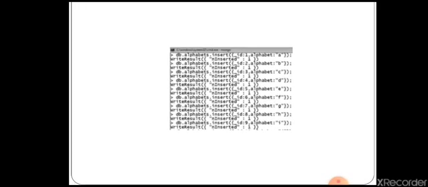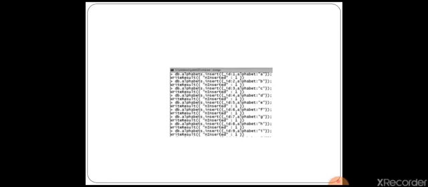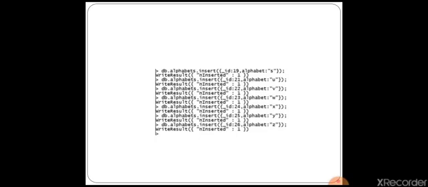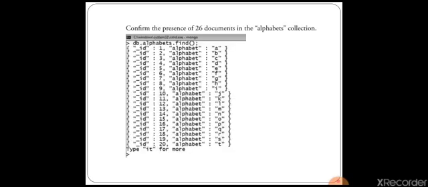This is the screenshot for the db.alphabet.insert command. Now we have to confirm. Our aim is to confirm whether all the 26 documents are available in the alphabet collection.